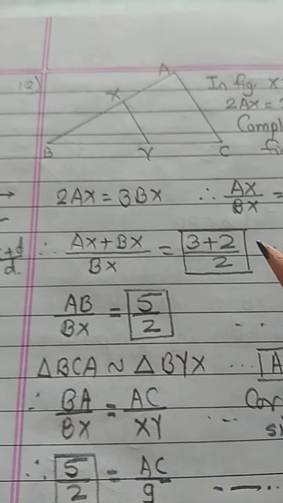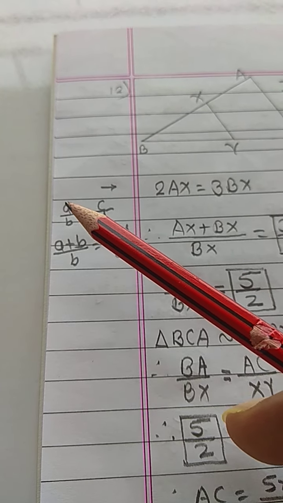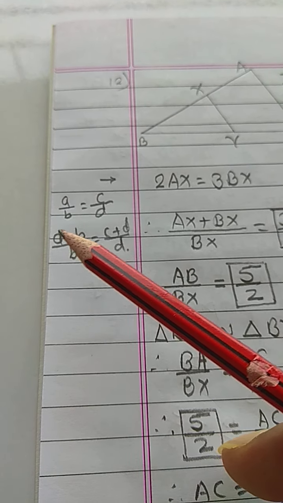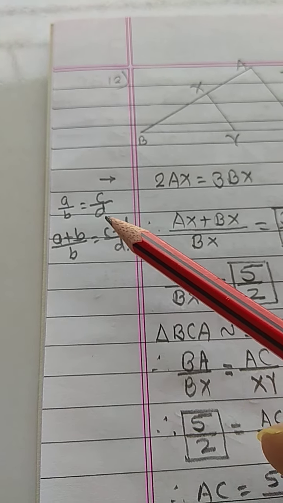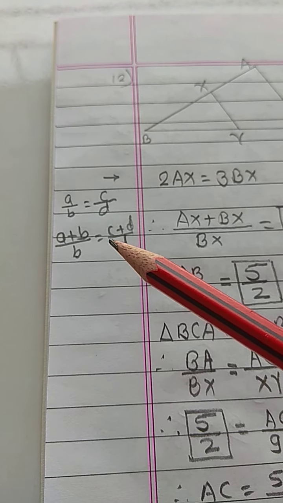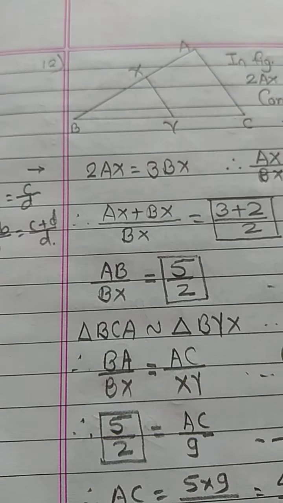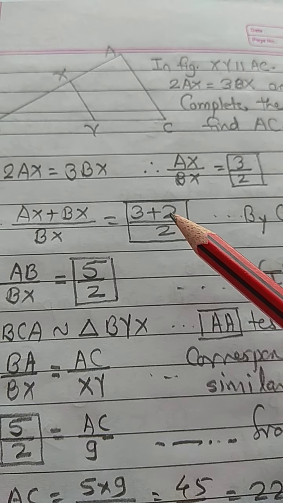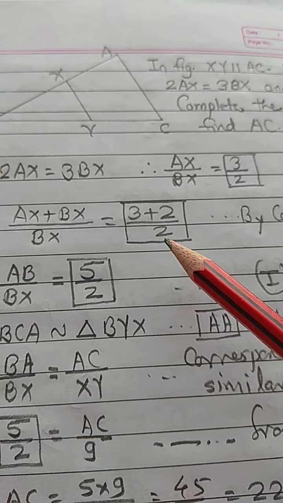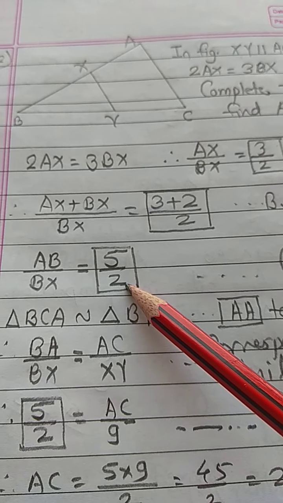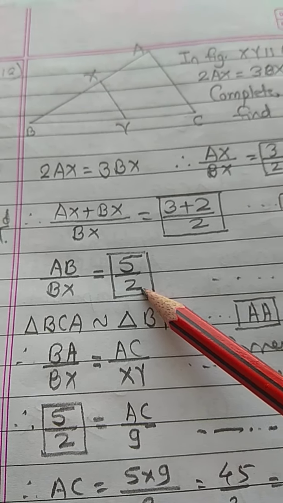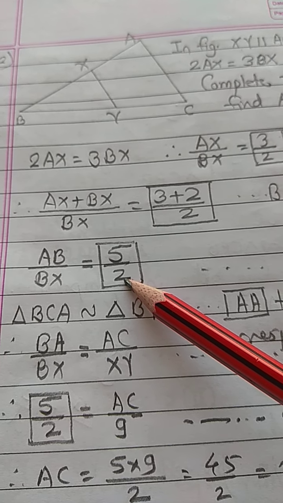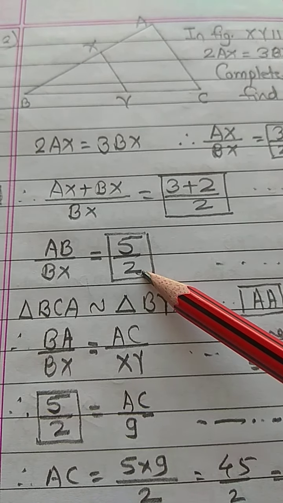If A upon B is equal to C upon D, then we write A plus B upon B equal to C plus D upon D. So here it will be 3 plus 2 upon 2, that is 5 upon 2. The answer given in the textbook has 3 here, it is a misprint. So here it should be 2.